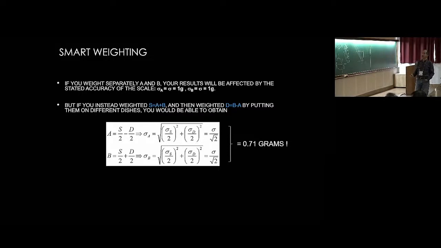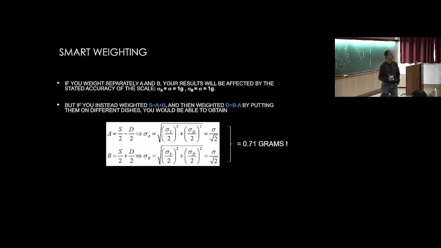And then A has an uncertainty which is given by this expression, which is 0.71 grams. And B is also the semi-difference between sum and difference, and this is the semi-sum between sum and difference of the two weights, and you get 0.71 grams.